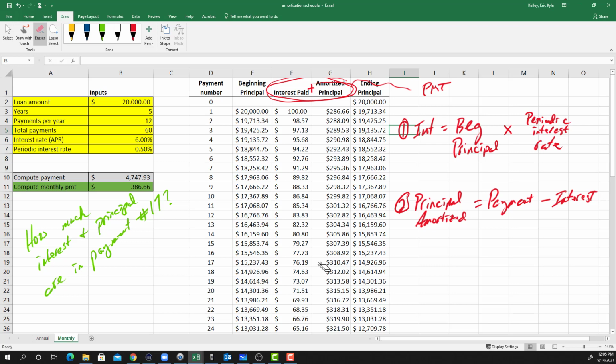If we don't have the amortization schedule, we can still get to the answer pretty quickly by doing the following. Of course, you've got to find the payment first. So that would be step one. The second step would be to find the payoff after the prior payment.